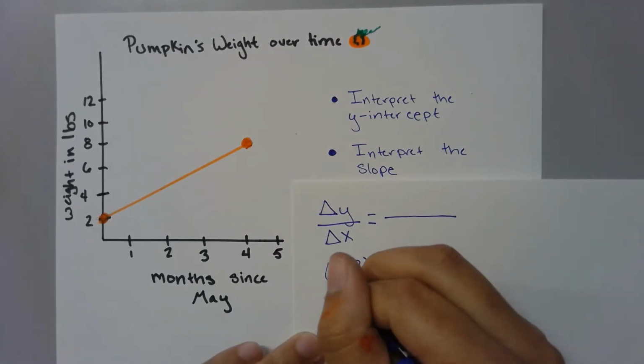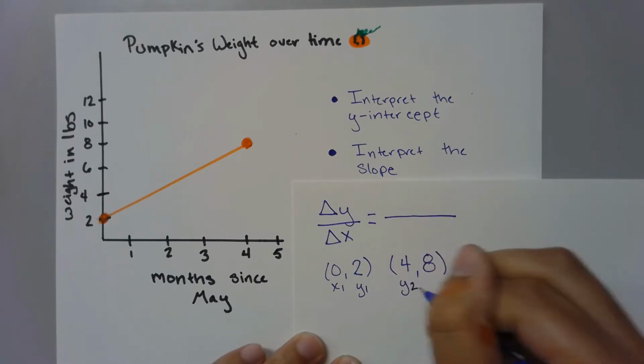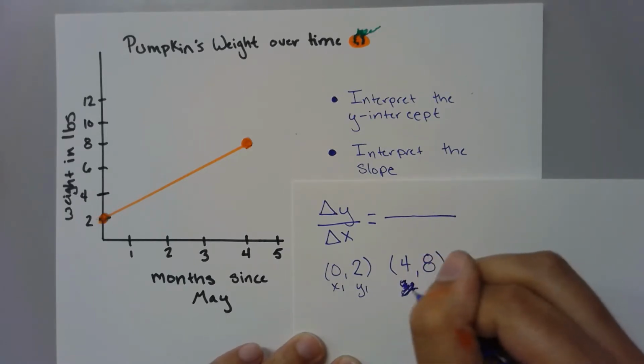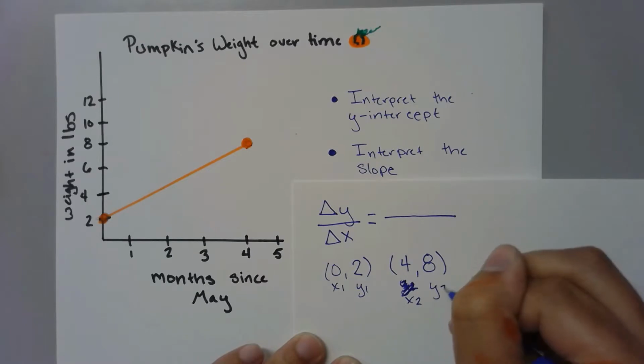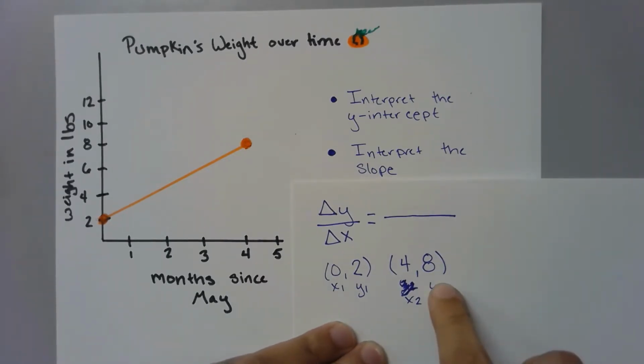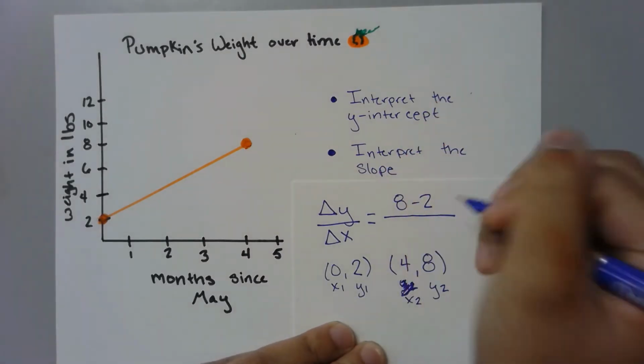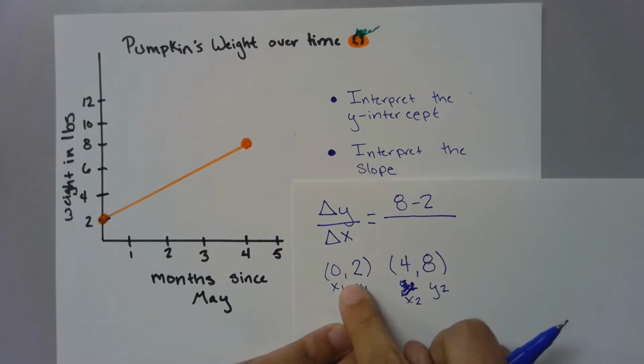And so if I want to find my slope using these 2 points, all I'm going to do is subtract my values. Okay, so my y value right here, 8 minus 2, is going to be determined by subtracting the y values of these points.